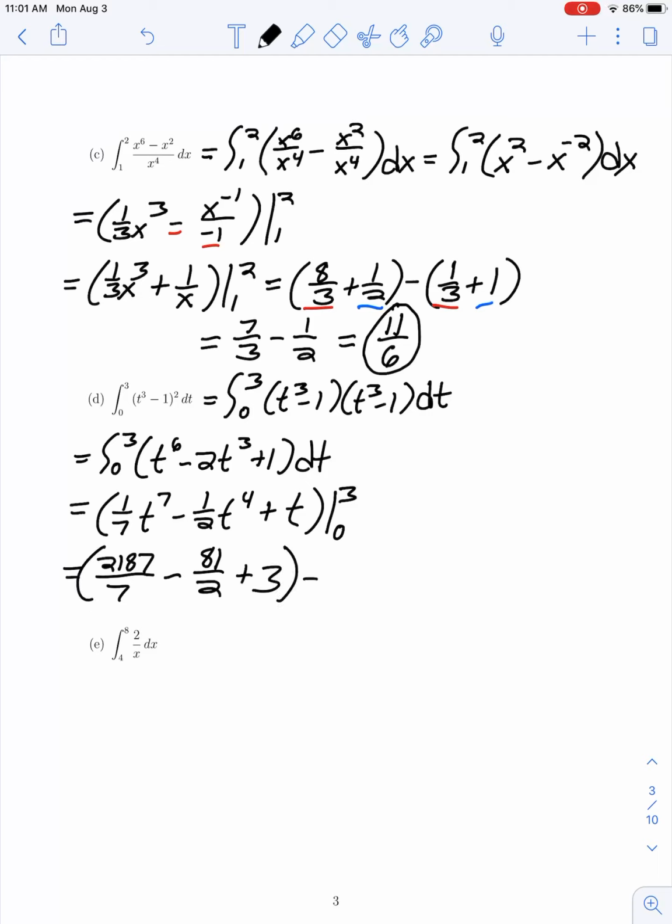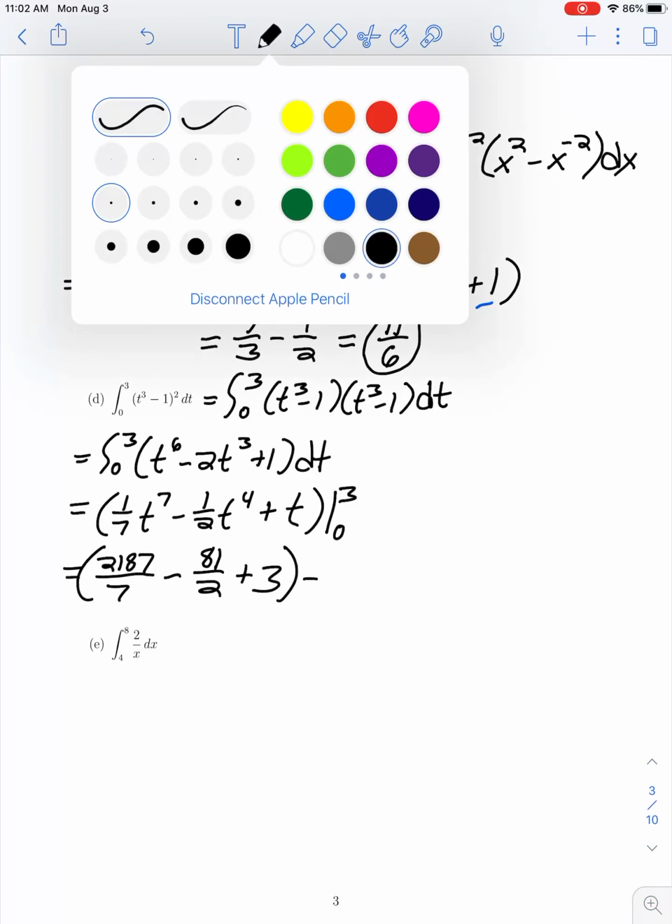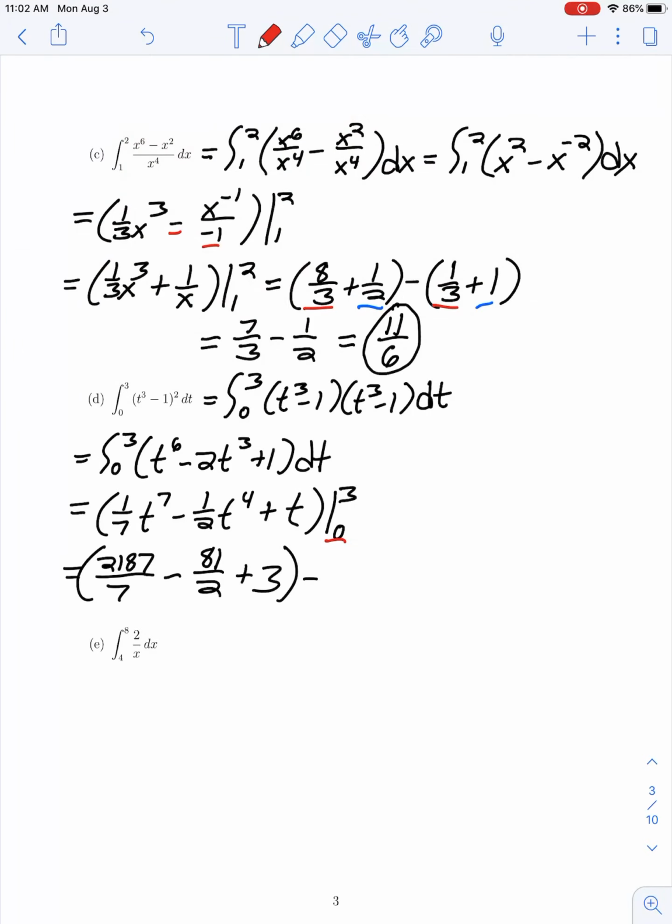And then we subtract what we get when we substitute our lower limit of integration in for t. Now notice in this case, our lower limit of integration is 0. So if you evaluate this function at t equals 0, you're left with 0. So we're subtracting nothing here. Simplifying our answer by getting a common denominator of 14, we're left with 3,849 over 14.